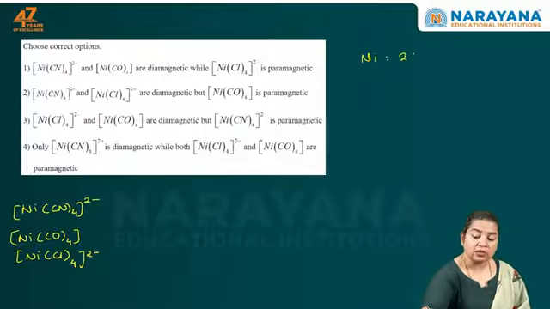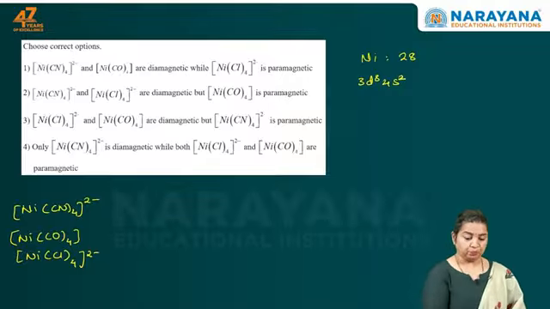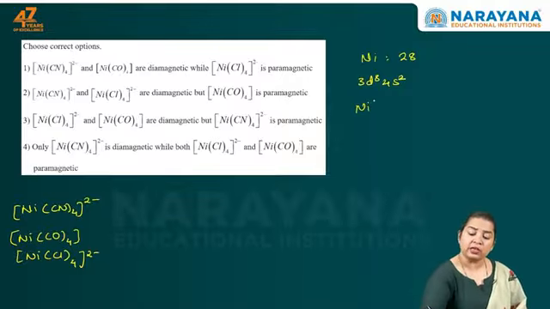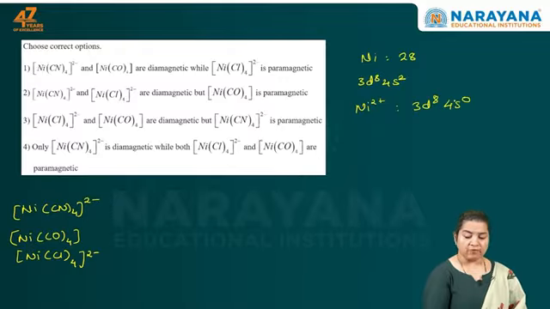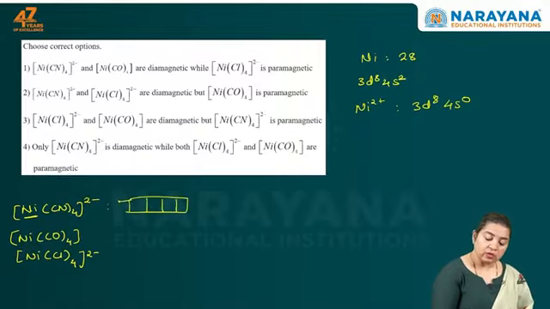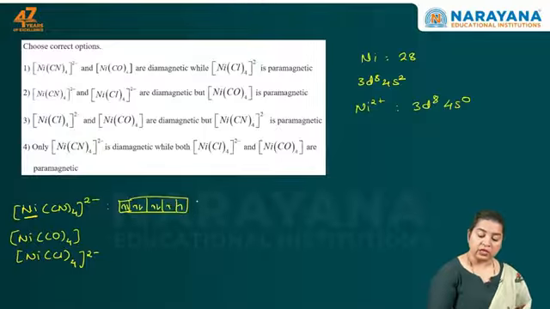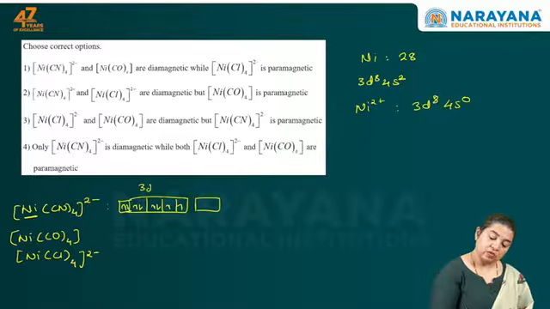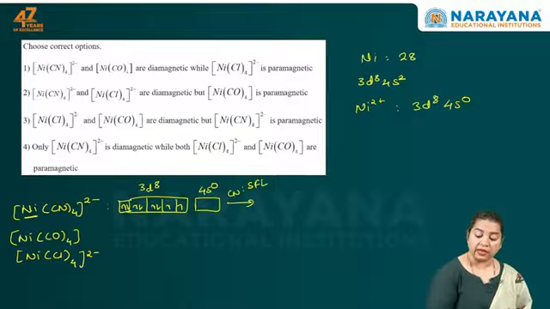Nickel is atomic number 28, with configuration 3d8 4s2, and wherever it is nickel 2 plus, I will have 3d8 4s0. Here nickel is in 2 plus, so it is 3d8 4s0, and cyanide is a strong field ligand.